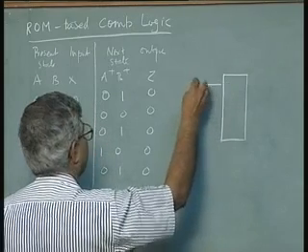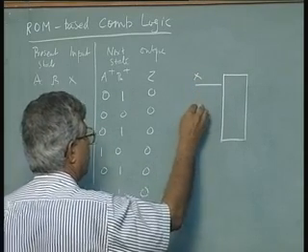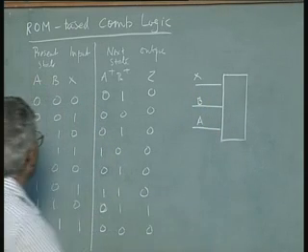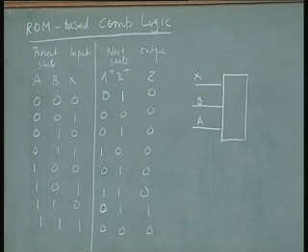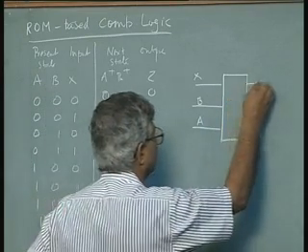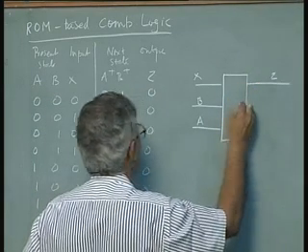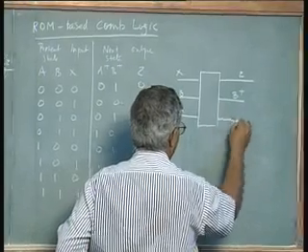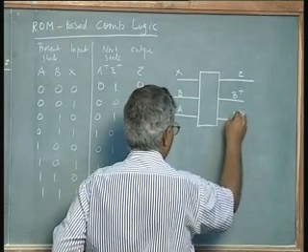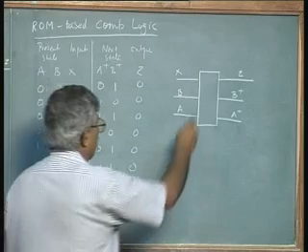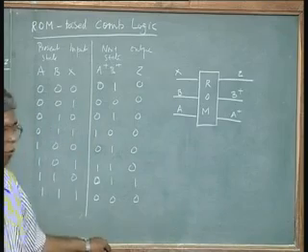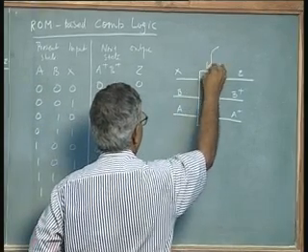One of them would be X, B, A. These are the 3 input variables to the ROM. The output of the ROM would be Z, B plus, A plus, and this is a ROM whose size is 2 power 3.